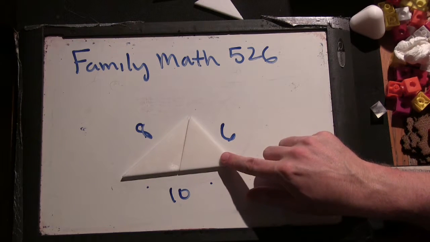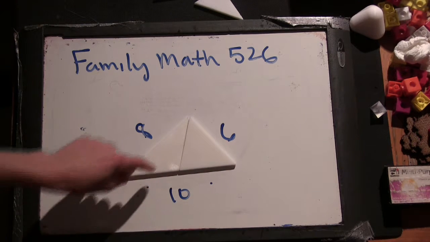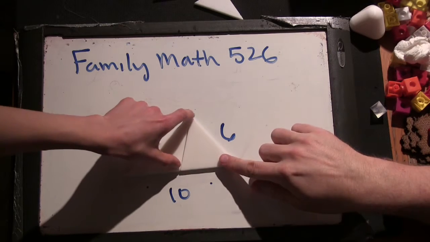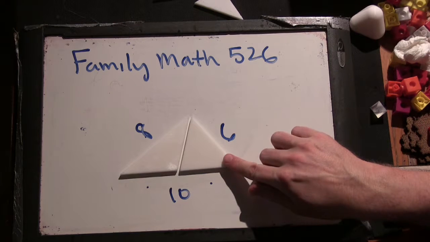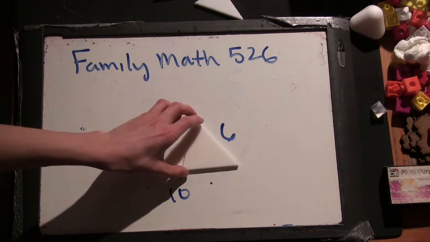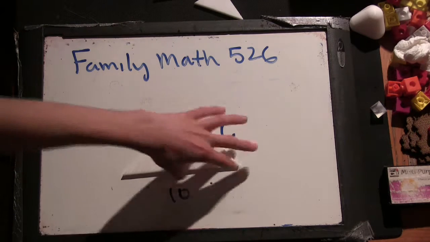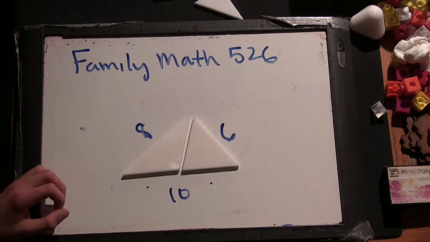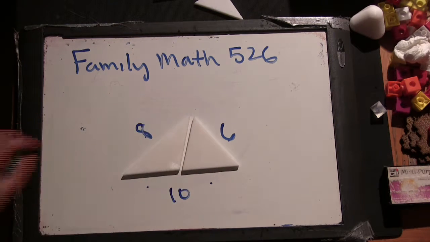Can you see what's going on here? Well, it's almost, you have a line down the midpoint, and it goes up to the height. So it's splitting it in half. How is it splitting it in half? Well, you're going from this top corner down to the midpoint of this side, and that means these will have the same area.